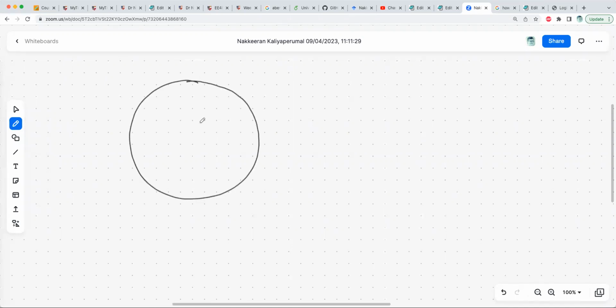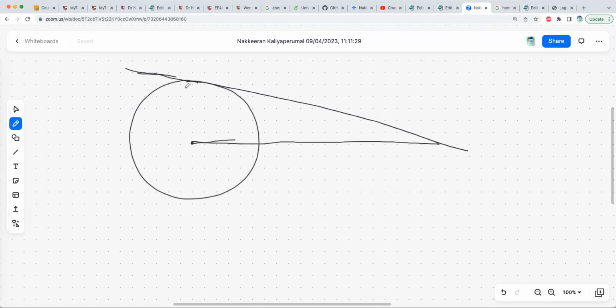Okay, so let us draw a circle and then let's think that there is a tangent. If you extend this, and if you draw a radius, that radius, we don't need that.